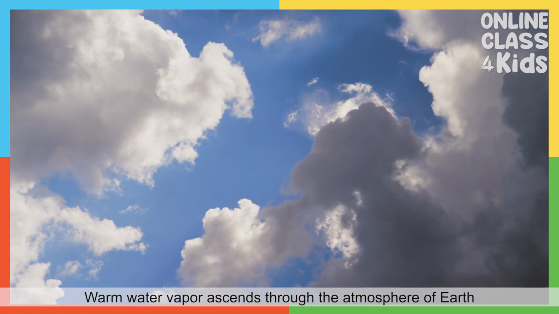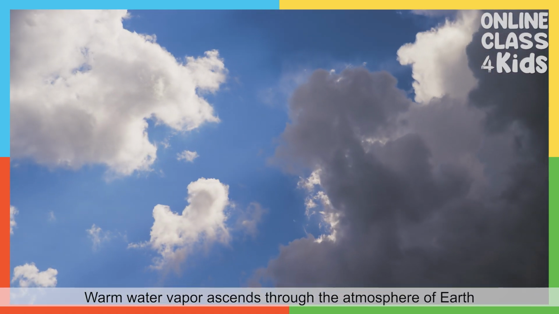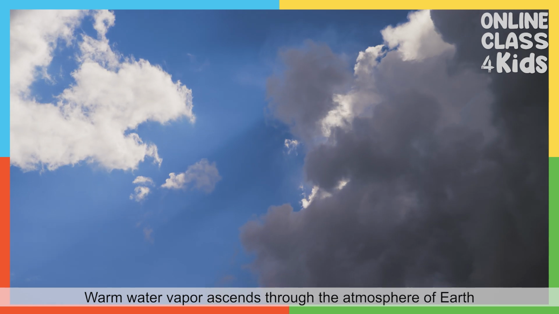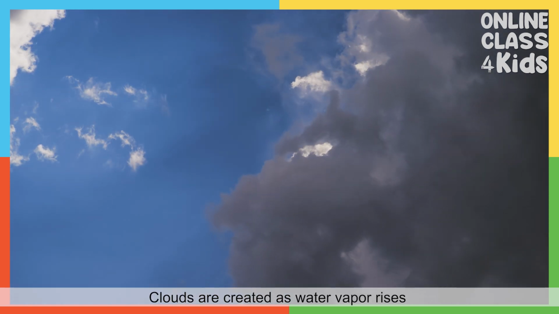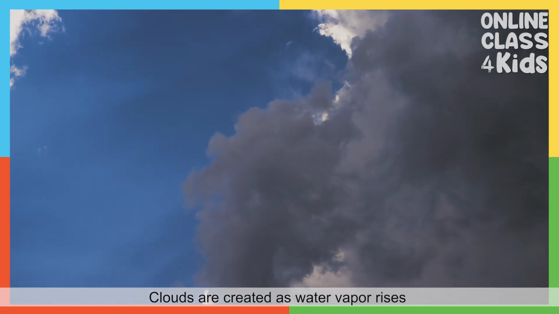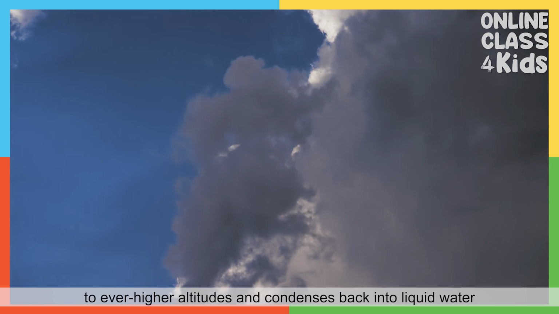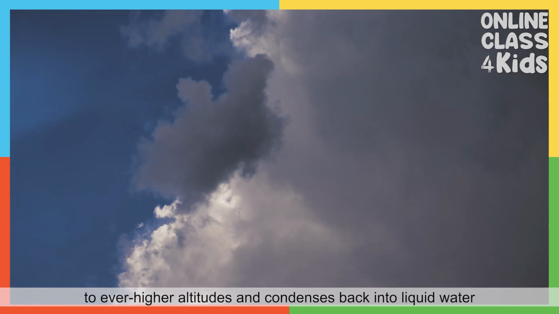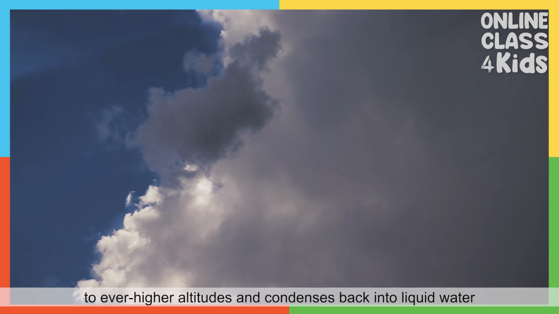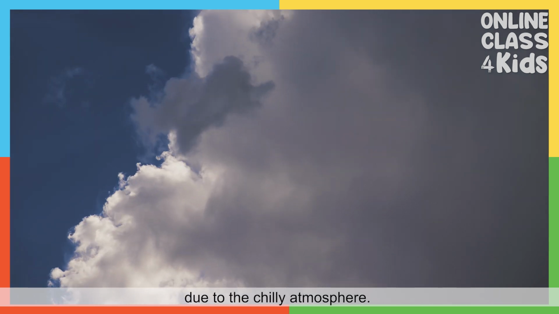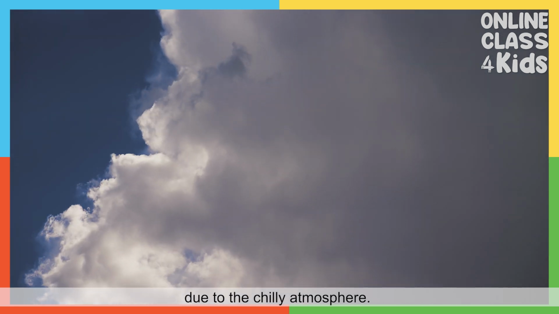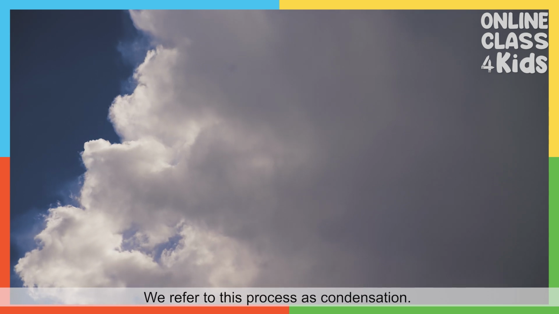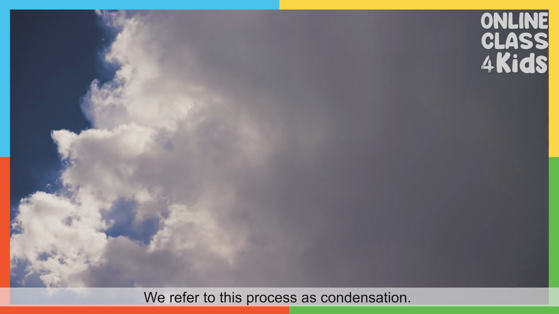Warm water vapor ascends through the atmosphere of Earth. Clouds are created as water vapor rises to ever higher altitudes and condenses back into liquid water due to the chilly atmosphere. We refer to this process as condensation.